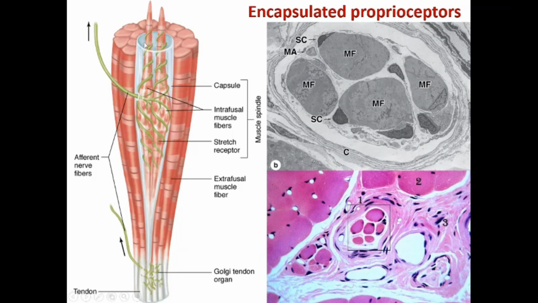Within the fascicle, actually the space filled with a fluid, and within this fluid we have some modified muscle fiber, usually small in diameter compared to the other muscle fiber.